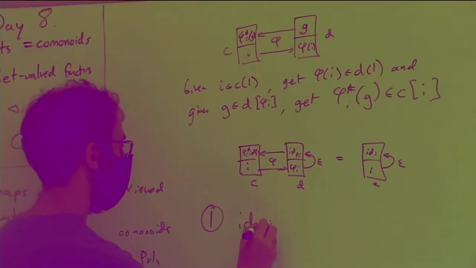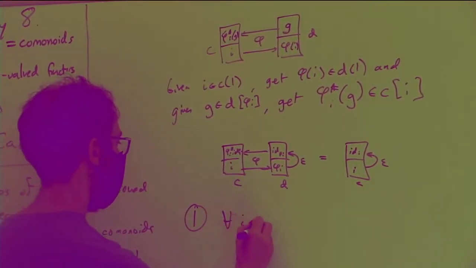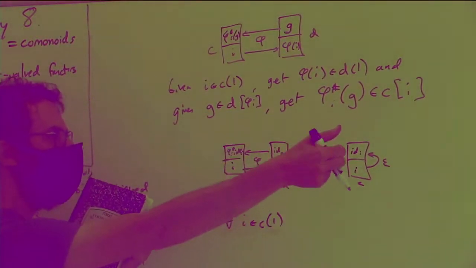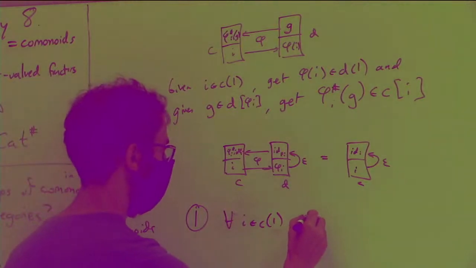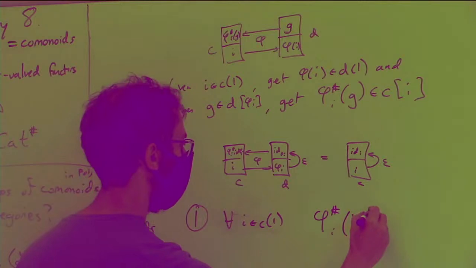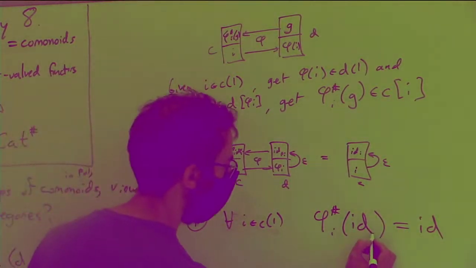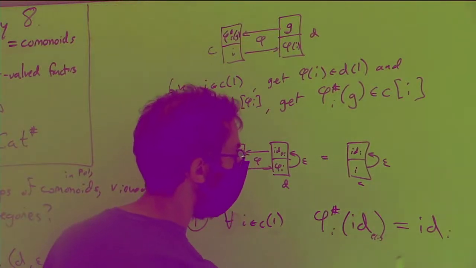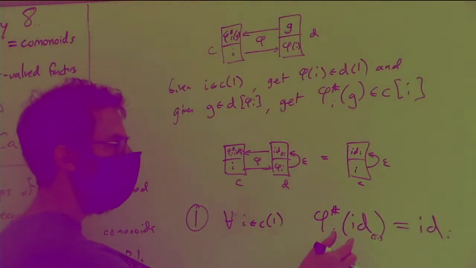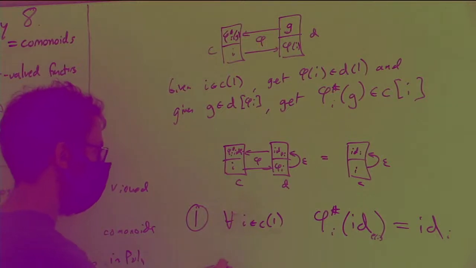For all I, for any object, we shoot it forward, we take the identity and we pull it back, we get that thing is id. So id sub phi of I and id sub I. I wrote it tiny because you're just supposed to remember, I'm able to pull morphisms back and I pull identities back to identities.